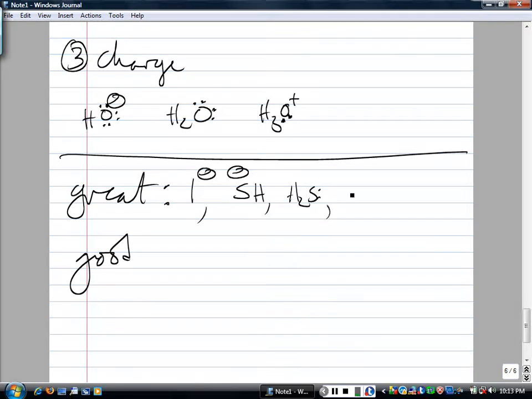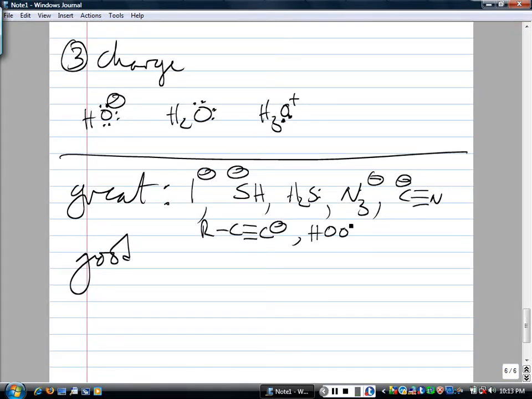Species like azides are also great nucleophiles. Cyanide is also a fantastic nucleophile. And acetylides are also fantastic nucleophiles. It turns out peroxides, hydroperoxides, are also great nucleophiles.